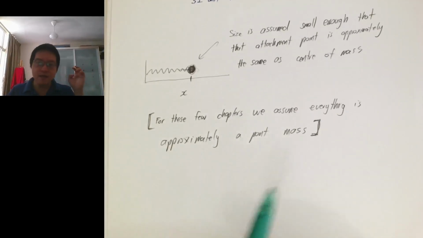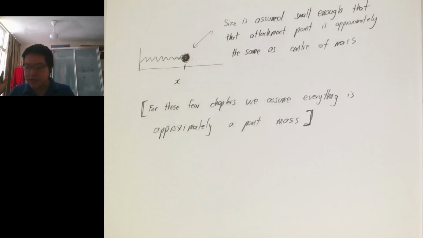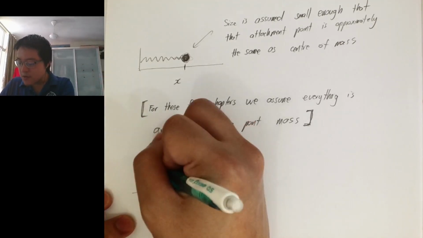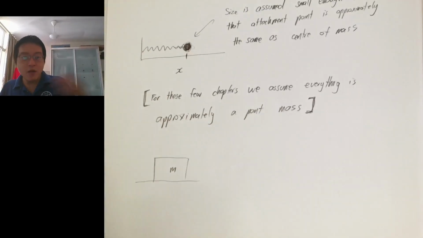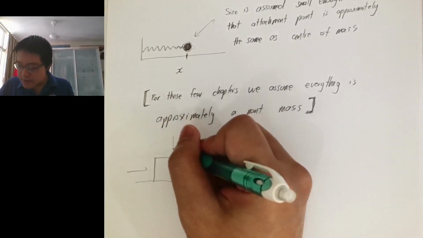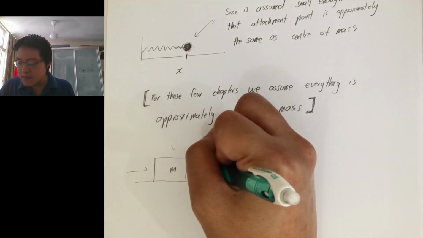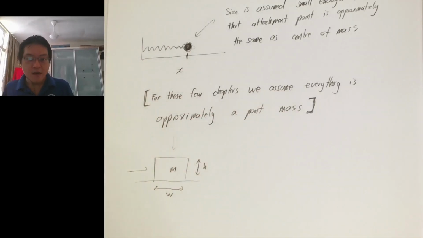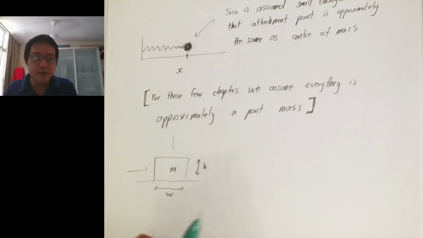Okay, what I want to say is, in these few chapters we assume everything is approximately a point mass. Even though I draw all these big objects, m, notice that in all our calculations we look at the forces, but we don't really care about the size of the object. Even if it's a large object, we treat it like a point mass.